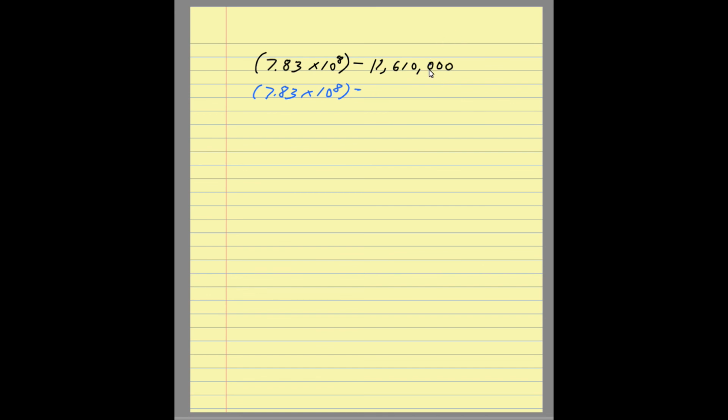What I want to do is take my decimal point and bring it all the way to here and go 1.161 times 10 to what power? The 7th. I've moved my decimal point 7 places this way. All right. Now, are my exponents matching? My exponents are not matching.